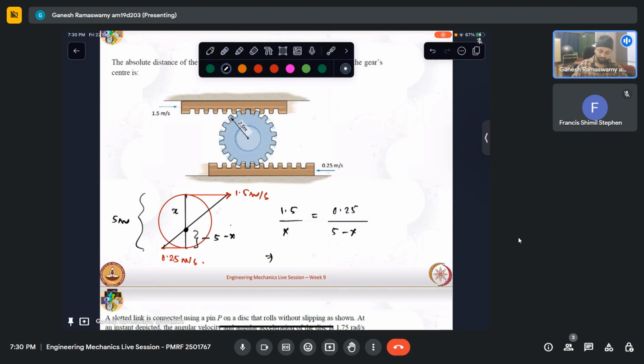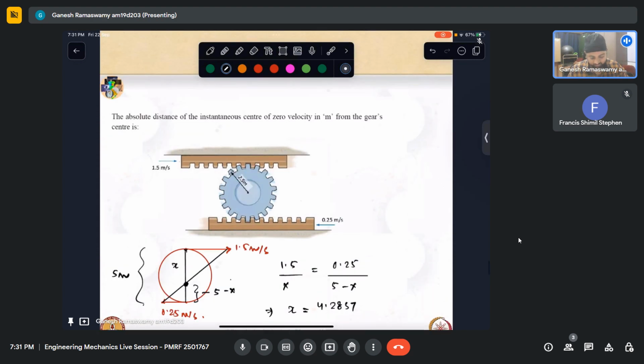If I were to solve this, x comes out to be 4.2857. Mind you, this is from the top.